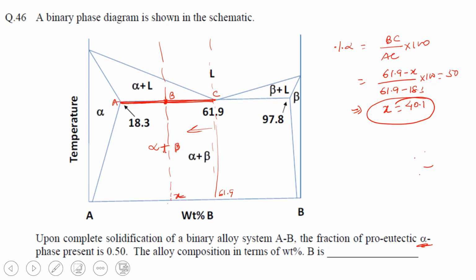So for the alloy composition 40.1, the fraction of alpha we are getting is 50%, right? So the alloy should have the weight percent B composition at 40.1 weight percent.